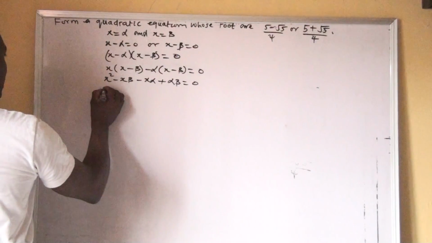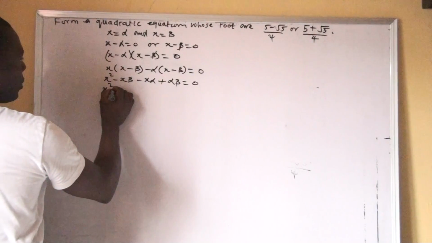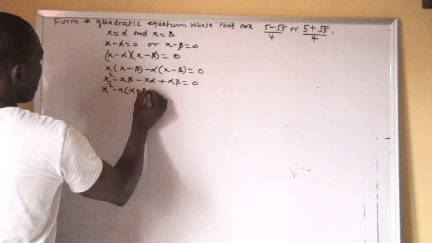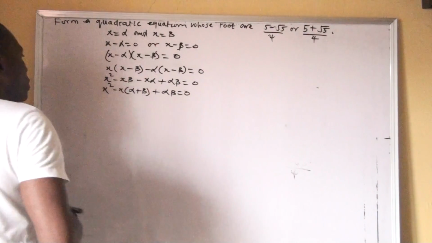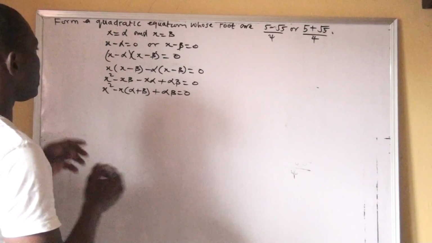So here we have x squared. The common factor is minus x, so minus x(alpha plus beta) plus alpha beta equals 0. What we have just seen here is a typical quadratic equation.